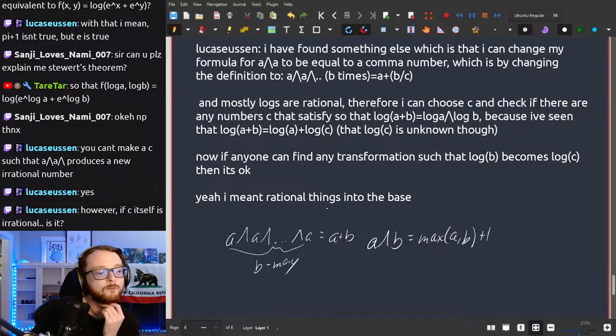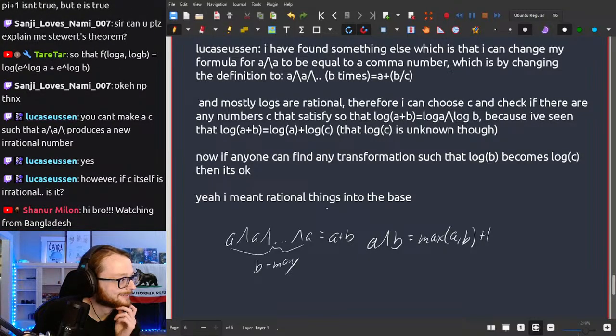If C itself is irrational, yeah, you can probably get new irrational numbers with that. It's kind of hard to judge.